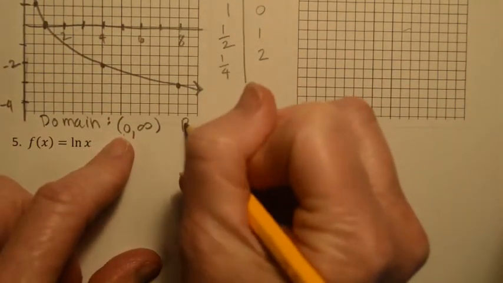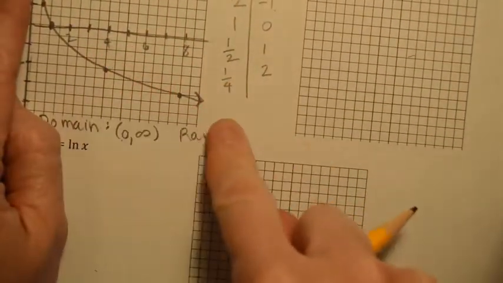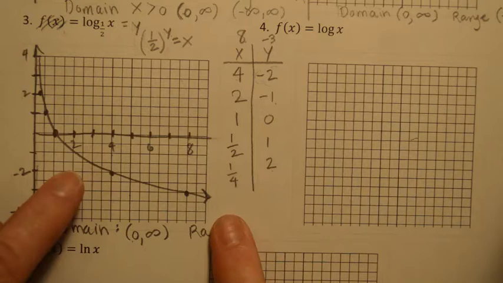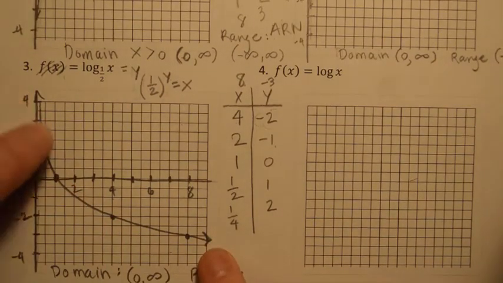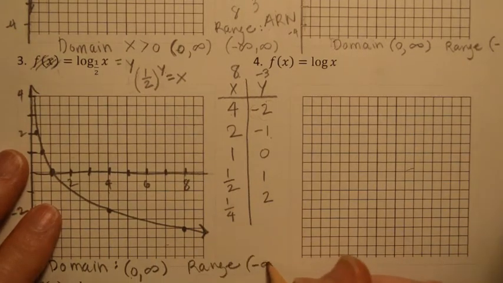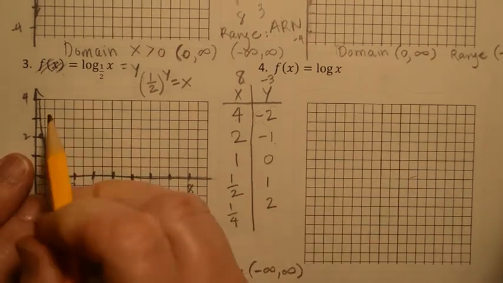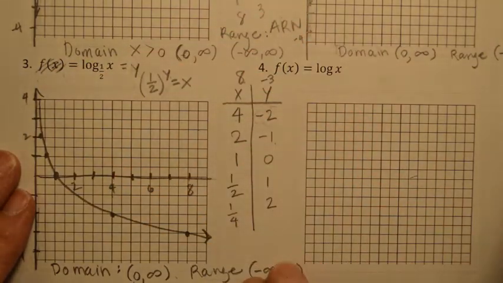Our range, again, we can see that it's going to go down towards negative infinity, up towards positive infinity. So it's negative infinity to positive infinity. Don't think that because you read it from left to right you should reverse these.